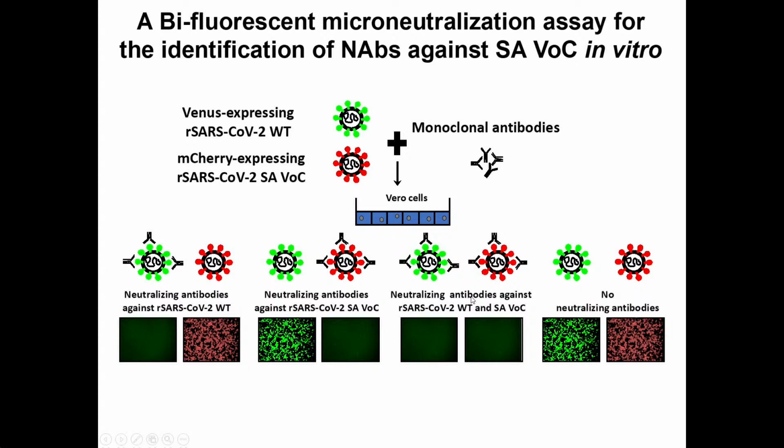However, if the monoclonal antibody or the human sera is able to neutralize both viruses, the virus will not be able to infect the cells, and we will not see expression of either Venus or cherry. However, if it is able to neutralize specifically one virus but not the other, we will see expression of one fluorescent protein, in this case red, if it does not neutralize the South African variant of concern, or green, in the case that it does not neutralize the original Washington strain virus.